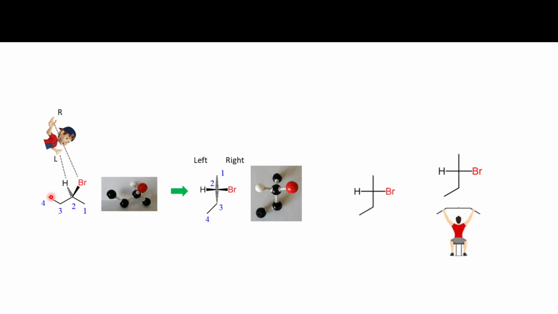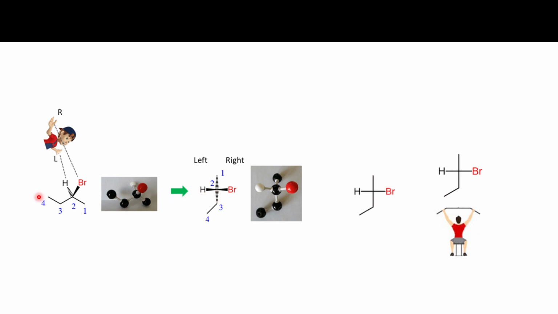First we start from the left-hand side. When you look from this side, you find that the bromine is on the right-hand side and the hydrogen is on the left-hand side, and these C3 and C4 are below, and C1 is above, with the hydrogen at the number 2 position.